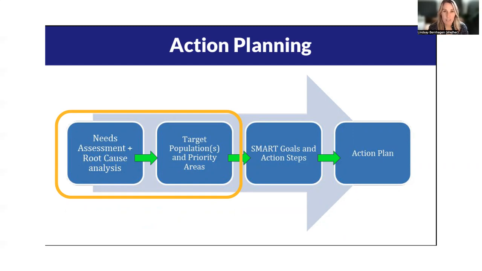Basically, identifying what is the problem based on data. And also, as part of that, identifying a target population and priority areas to focus on in your grant application so that you can make the request in a really specific way. Subsequent steps, which you'll learn more about in other sections in this webinar, are SMART goals and action steps and evidence-based interventions.